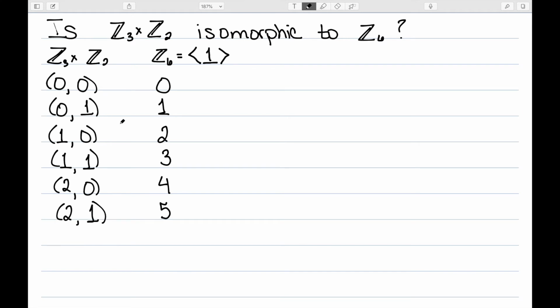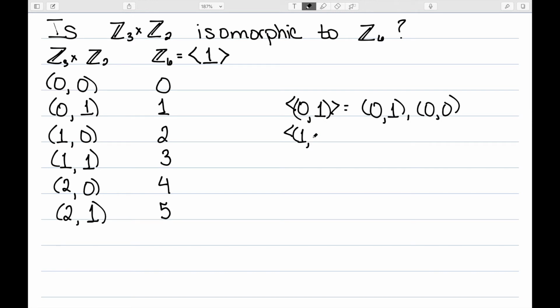If I tried the group generated by just 0,1, this would give me the elements 0,1, added to itself is 0,0, and that's it.